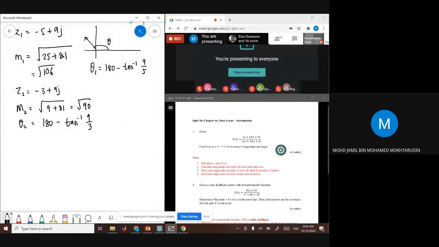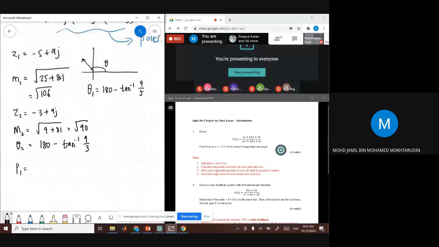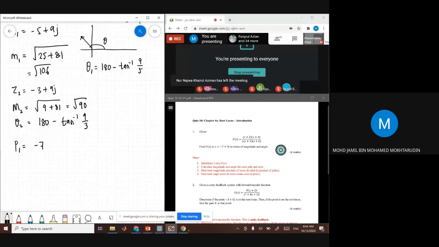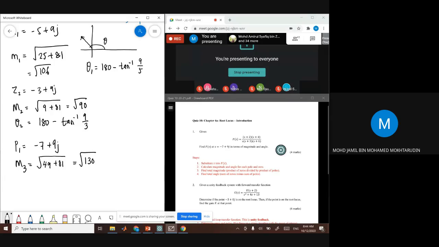Now we continue for the poles. Pole number 1 is minus 7 plus 9j. So magnitude is square root of 49 plus 81, so you get square root 130. And angle is 180 minus tangent inverse of 9/7.